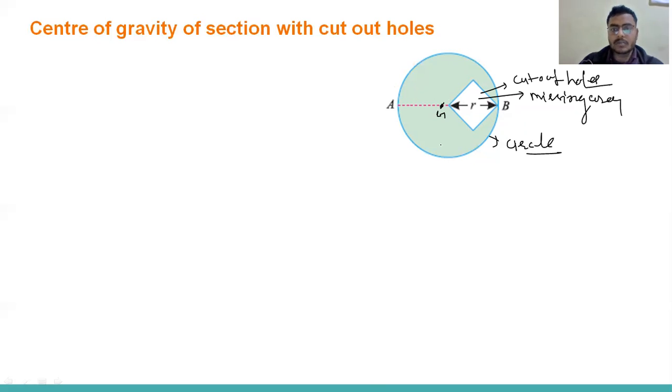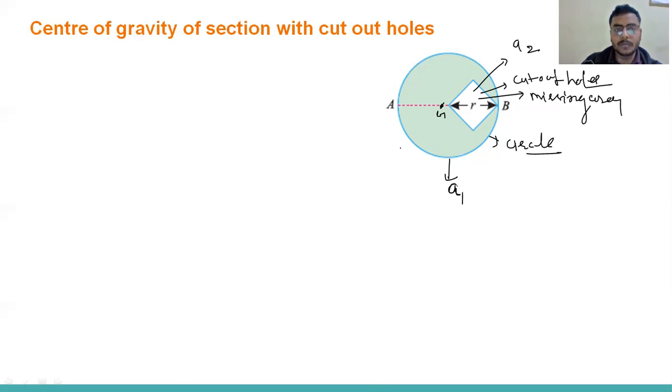So what can we do? I am assuming the total area, that is the circle, is A1. For the circle, we know the centroid. Now I'm assuming this missing portion is A2. Are you getting the point?